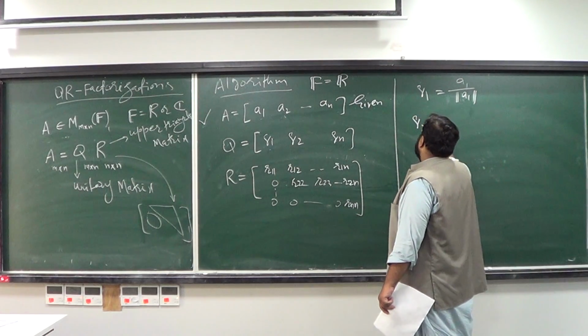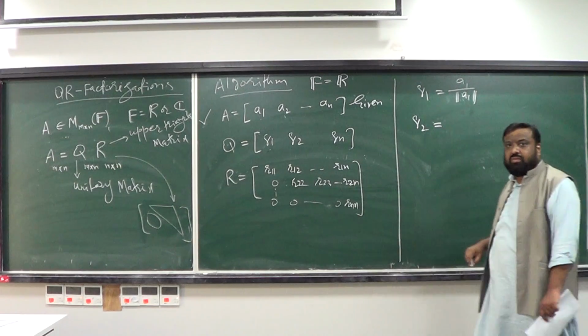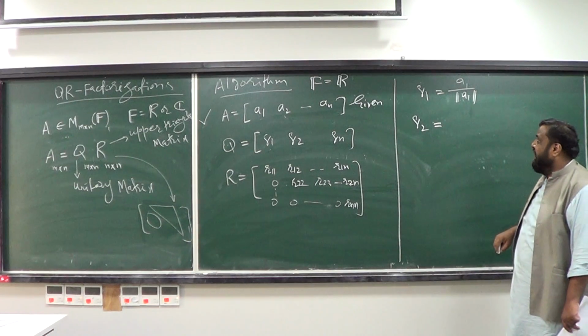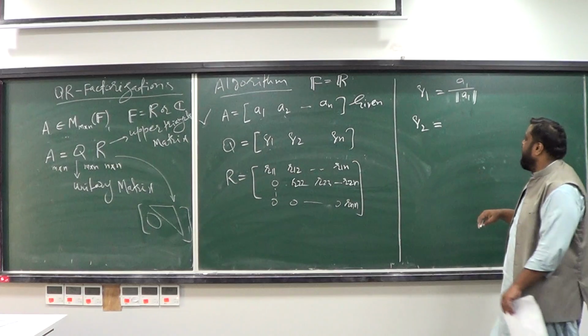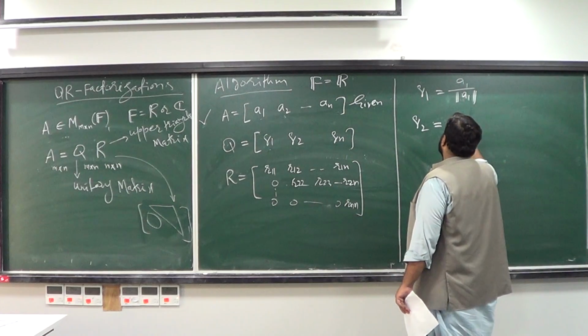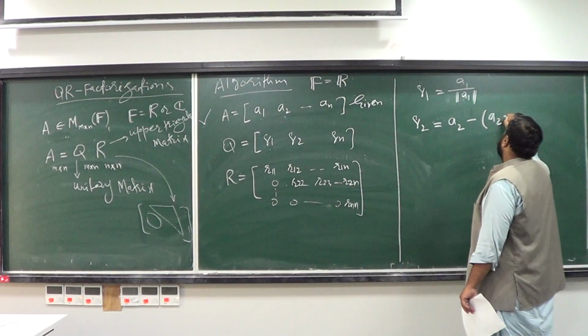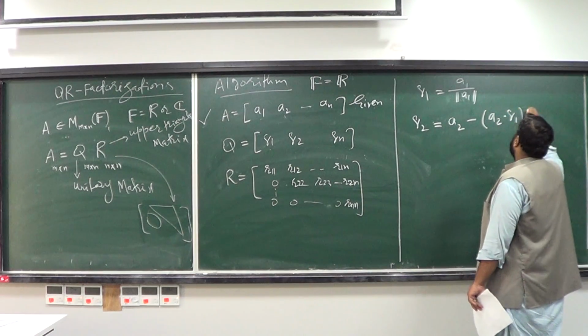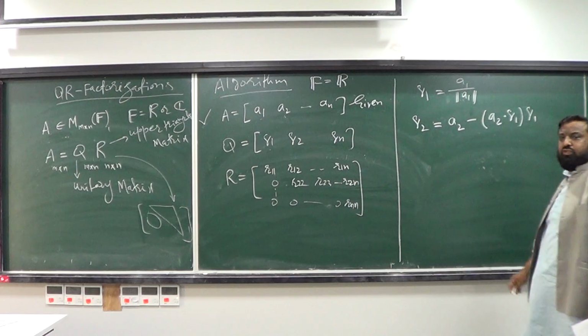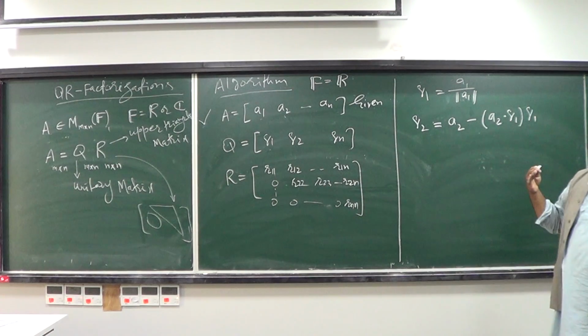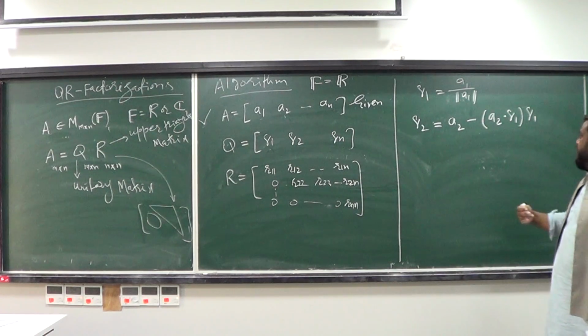What would be Q2? Q2 is going to be A2 minus A2 dot Q1 times Q1. Just follow the standard Gram-Schmidt algorithm.